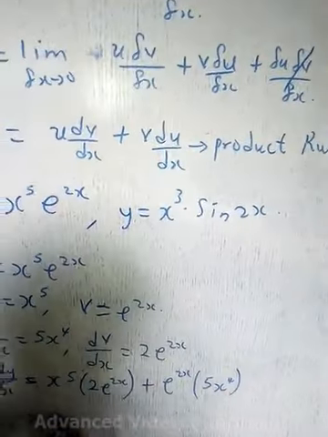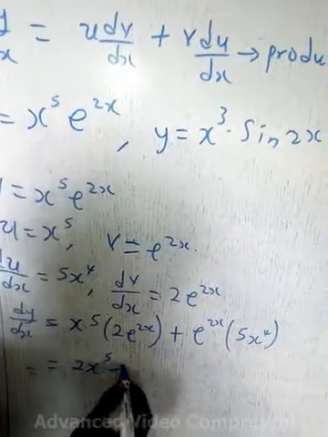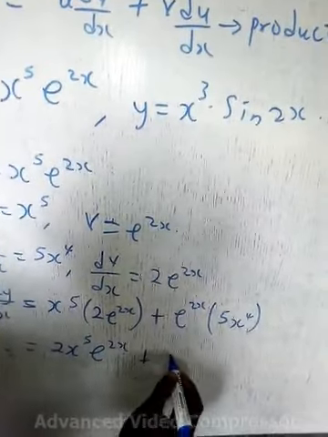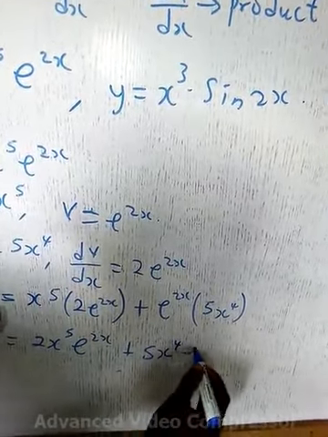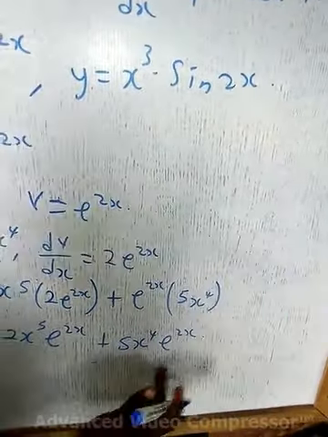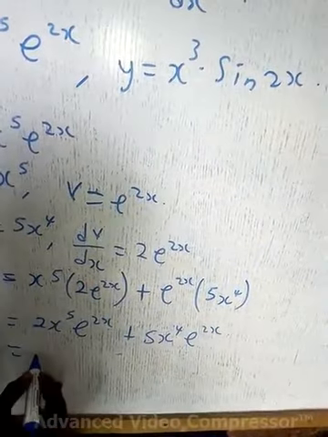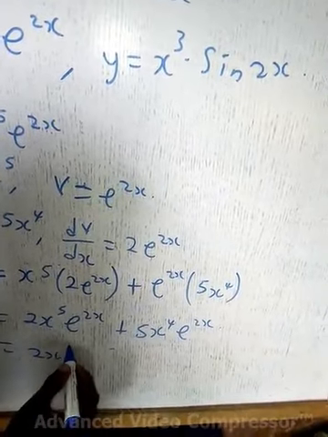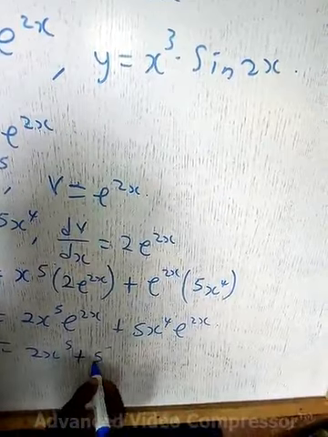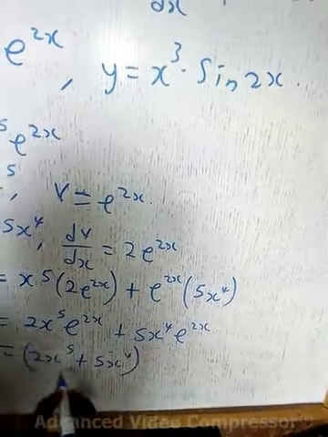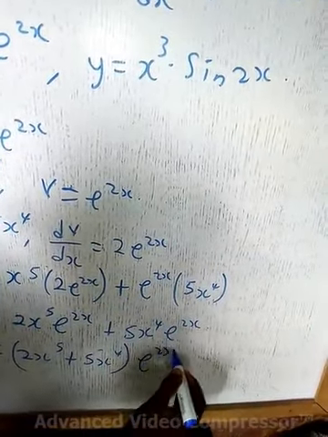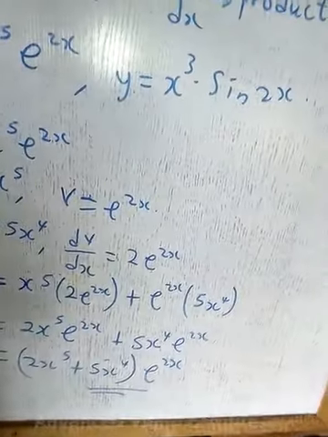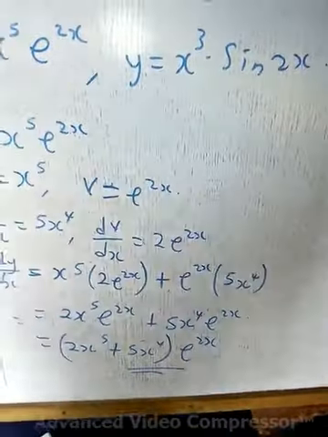Then we have 2x raised to the power 5 exponential 2x plus 5x raised to the power 4 exponential 2x. Then we can factorize by saying 2x raised to the power 5 plus 5x raised to the power 4, times exponential 2x. And that is your answer. You can deal with this on your own.